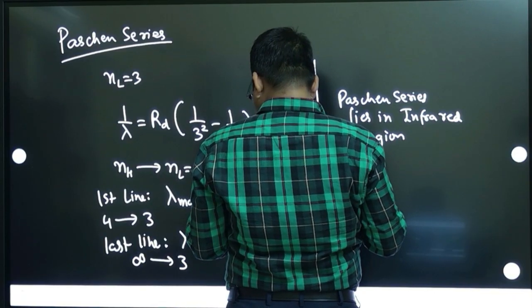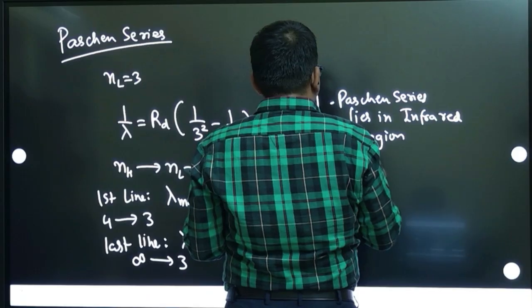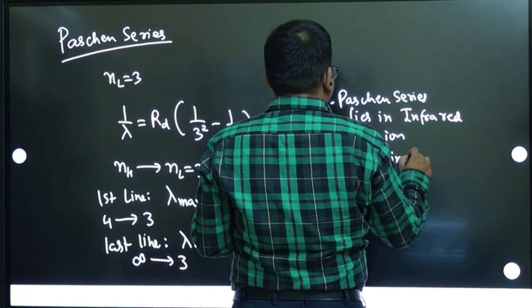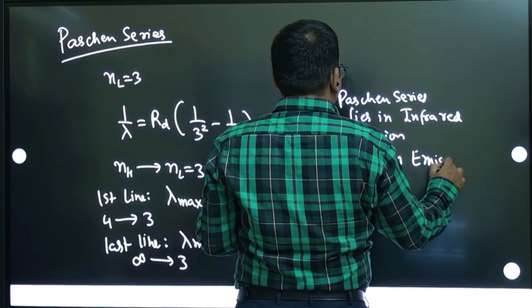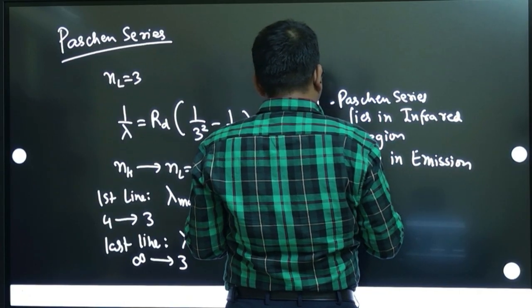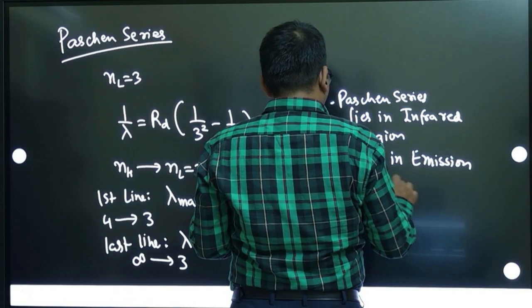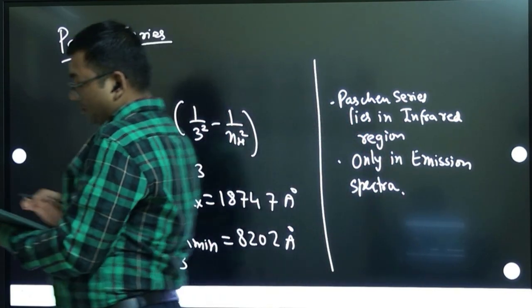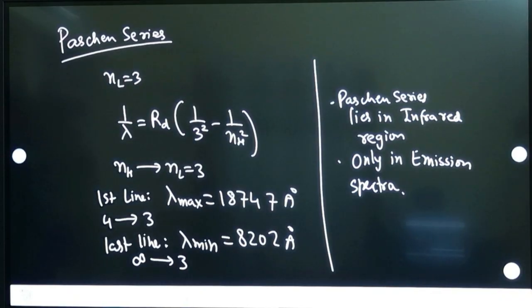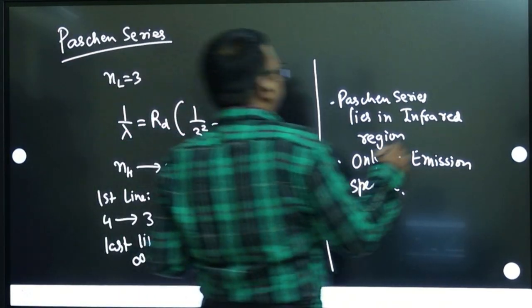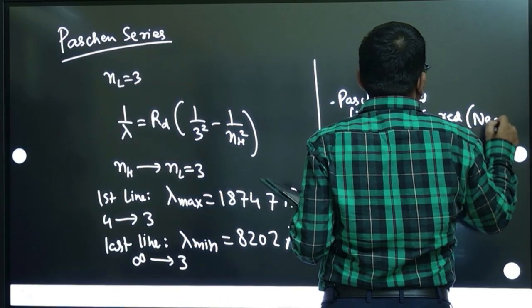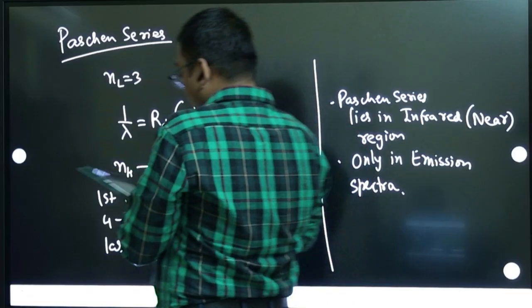Okay, and it is also obtained only in emission spectra. You can note that infrared means it is near infrared; near infrared it will be visible.